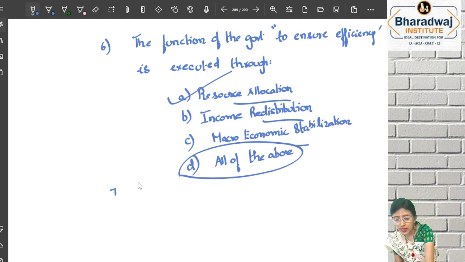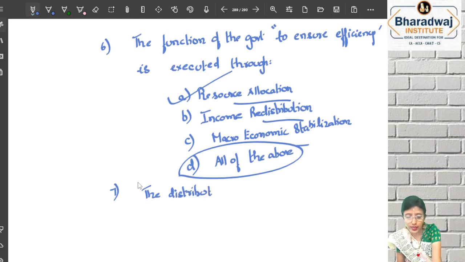Then, 7th one. The distributive function. See how they phrase even the question. That is very important.